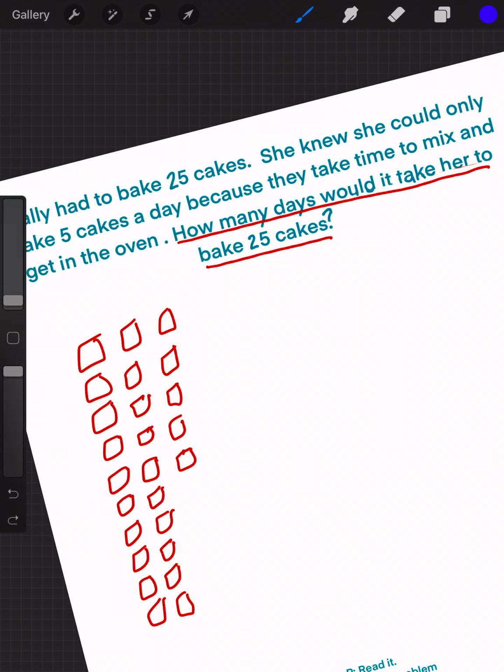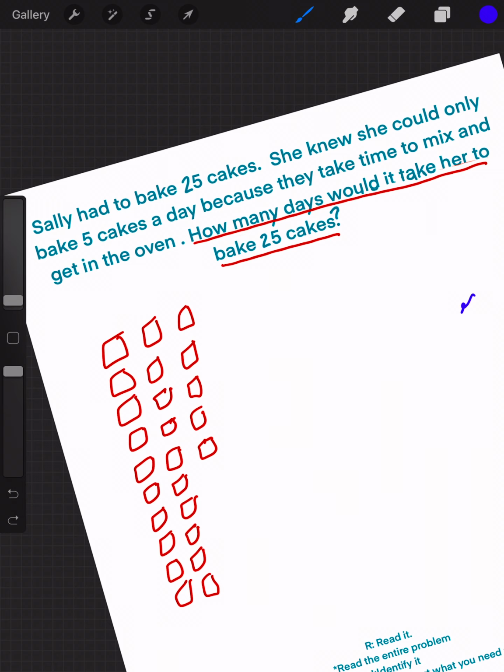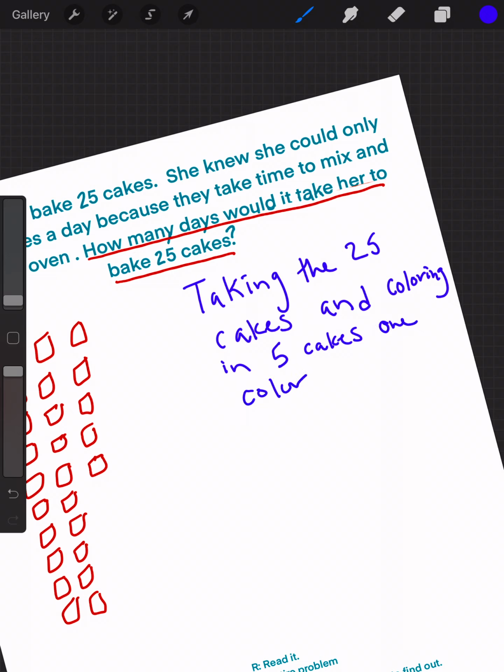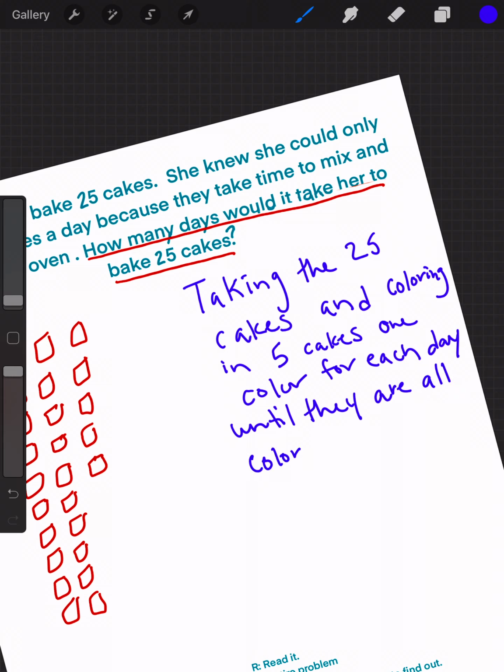So I would solve this problem by taking the 25 cakes and coloring in 5 cakes, 1 color for each day until they are all colored in.